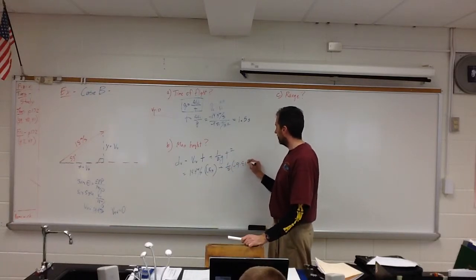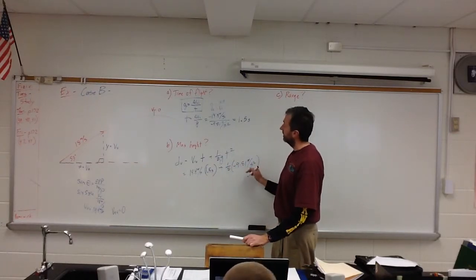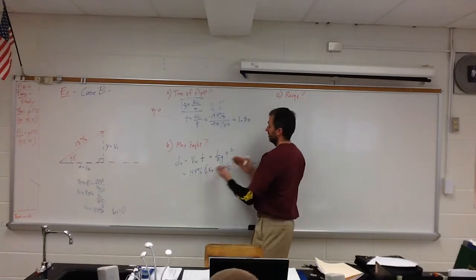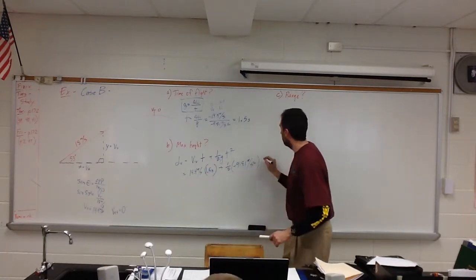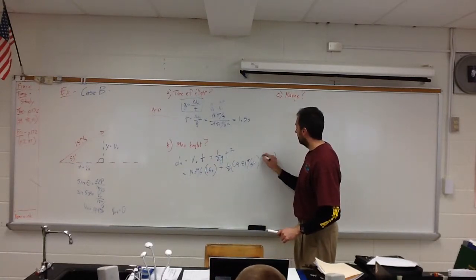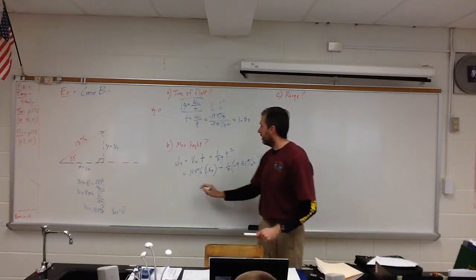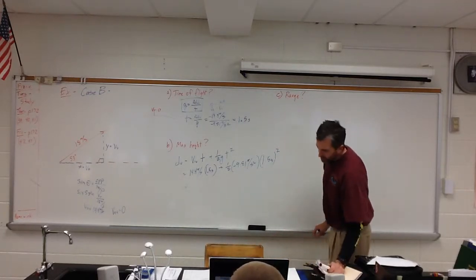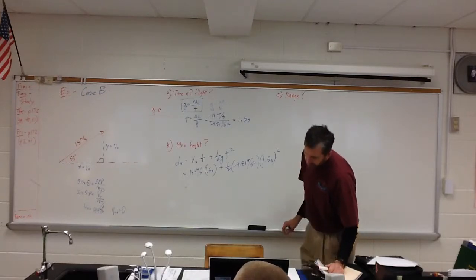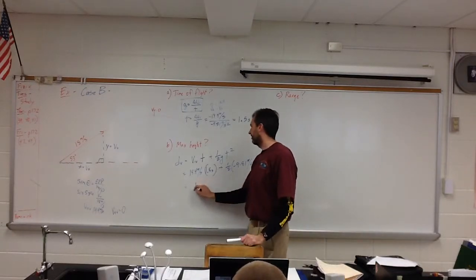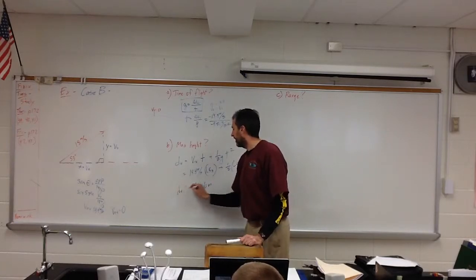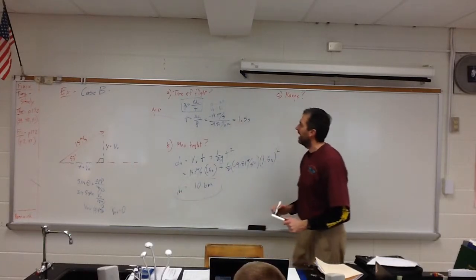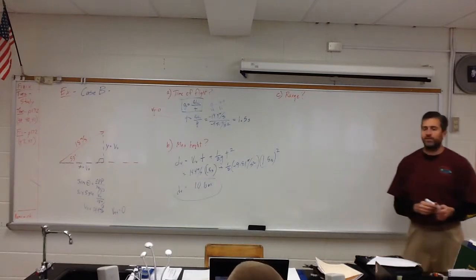Make sure that this negative remains a negative, because you have to take the positive stuff and subtract the rest from it. Anyhow, how high does this thing go? I ended up getting 10.6-ish. So this will fly to a maximum height of 10.6.